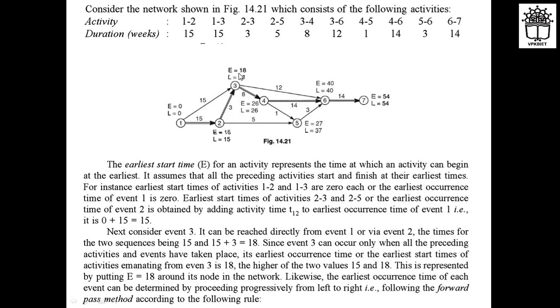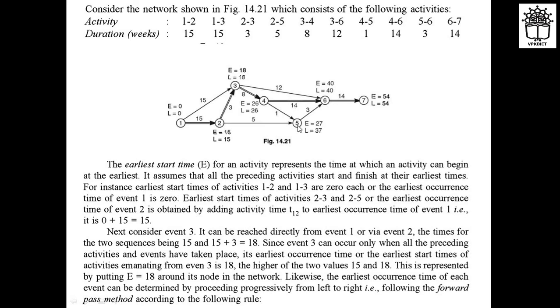So from this again, at 3 the E will be 18. So 18 plus 12, sorry, it will be 30, right? Then from 4 it is 26 E, then 26 plus 14 it will be 40, right? Here we are getting 30, here we are getting 40, right?